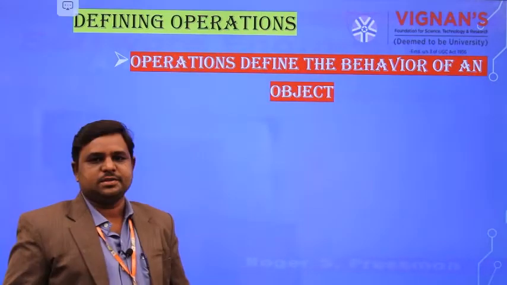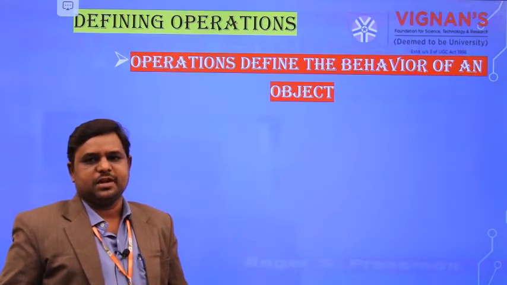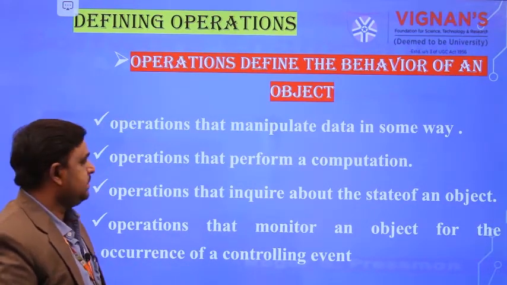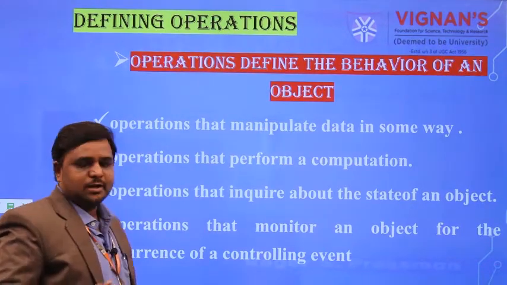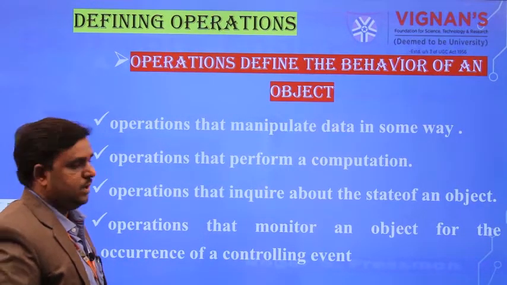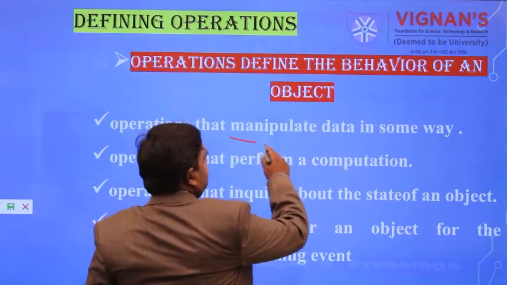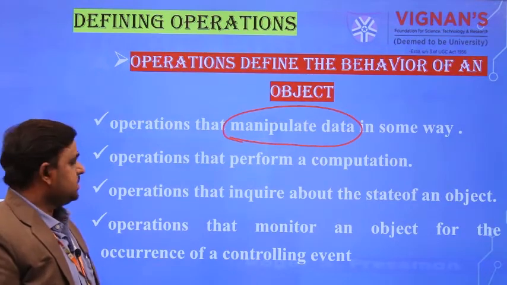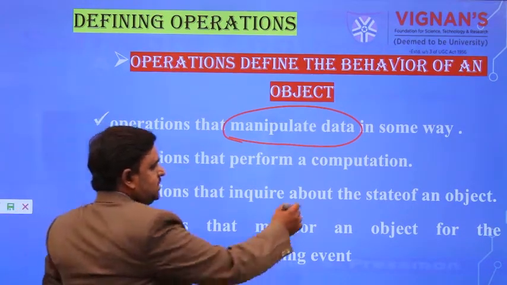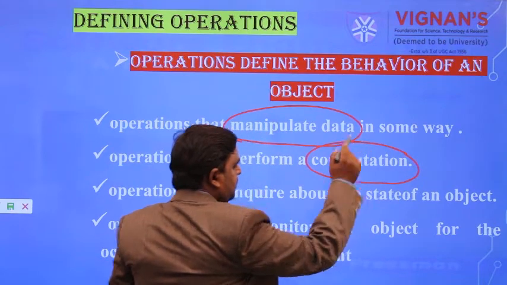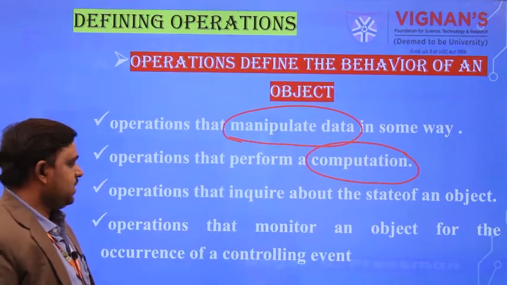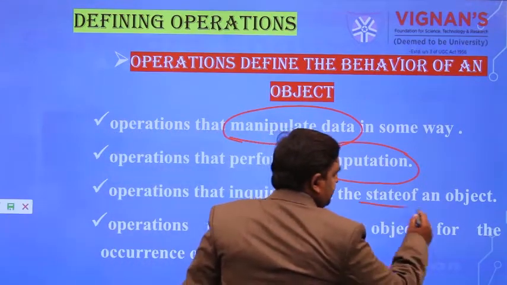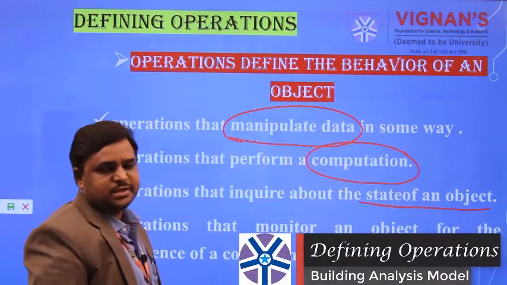In defining operations, we are going to check what operations we can perform on the object and their behavior. Let us see one by one. First, operations that manipulate data in some way. Second, operations that perform calculation or computation. Third, operations that inquire about the state of an object.